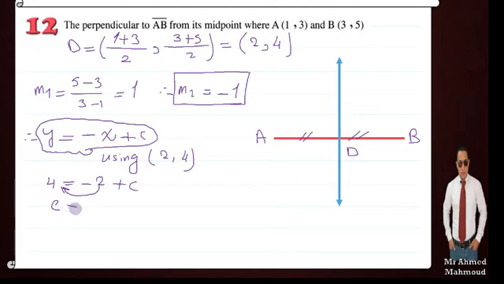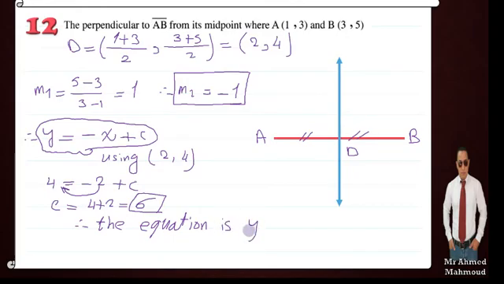Then c equals 4 plus 2, which is equal to 6. Now I have c, and I already have negative 1 before. Therefore, the equation is y equals negative x plus 6.